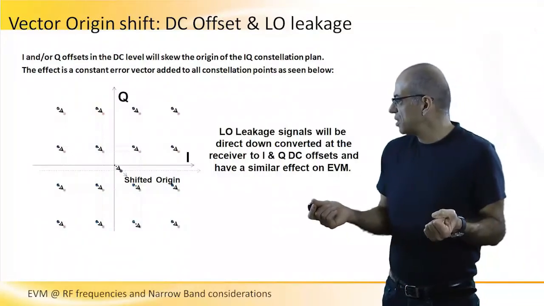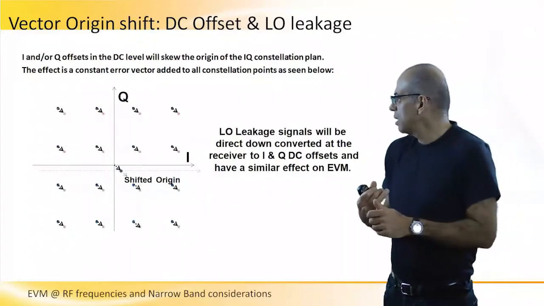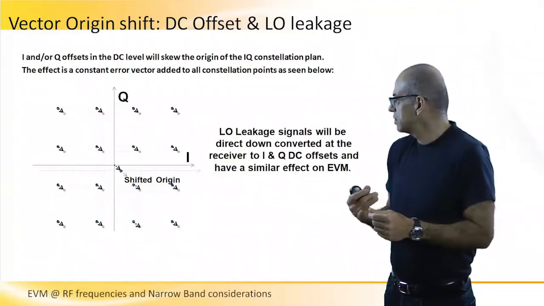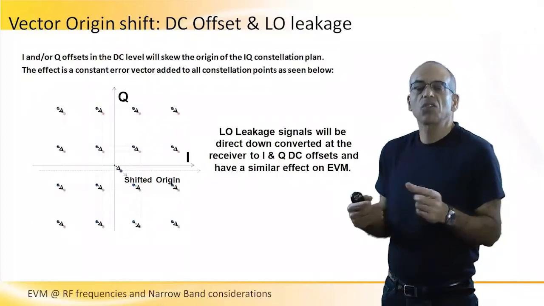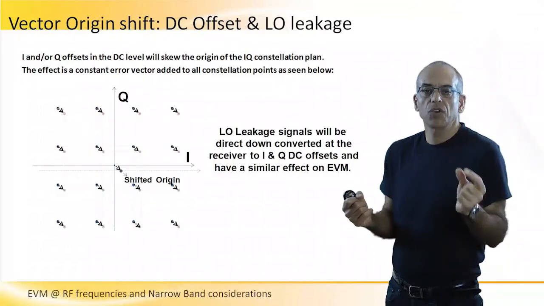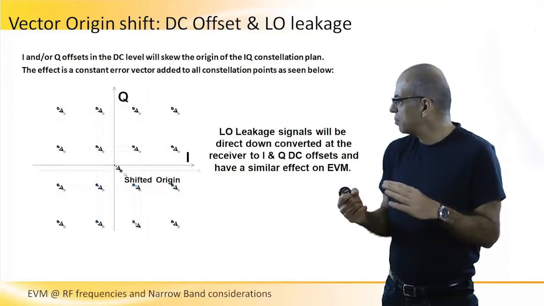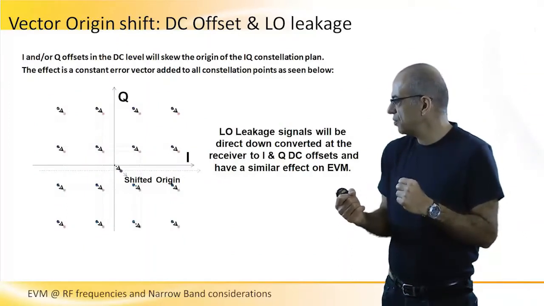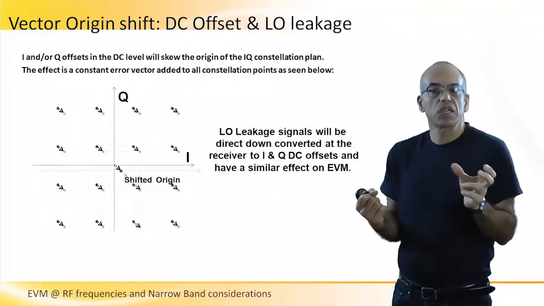So it can be a DC offset only in I, only in Q, or in both. And again, in the constellation map, it will create a constant error depending on the I and Q DC offset from the original subsymbols. So all these subsymbols will be shifted from their original place in the same error vector, and this can be studied and cancelled later on.